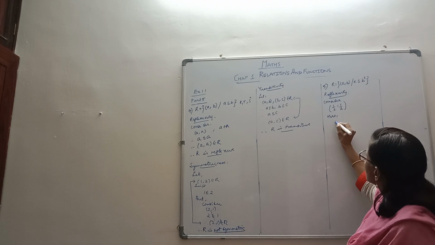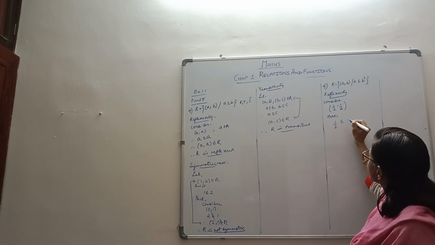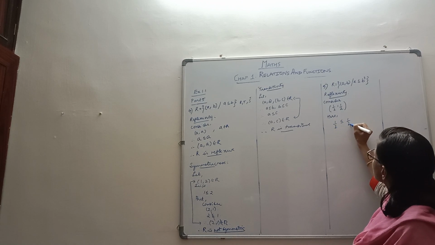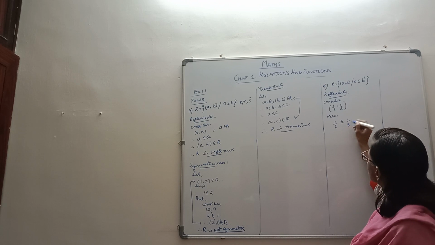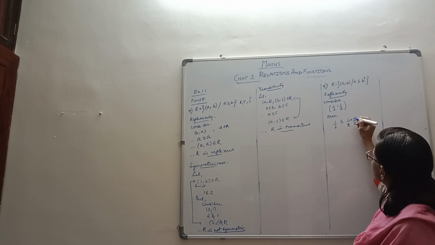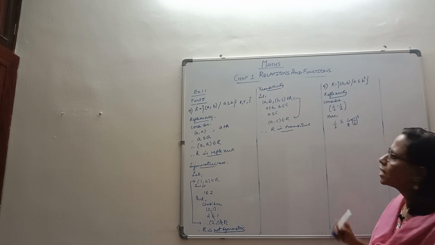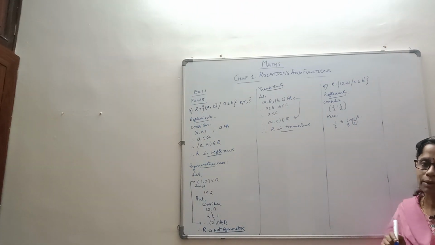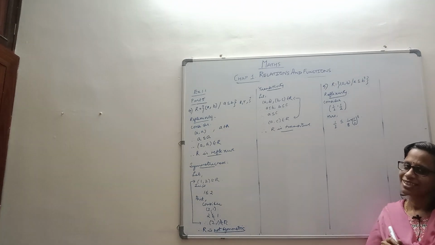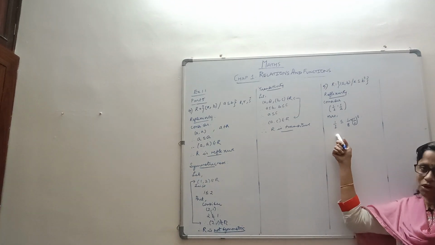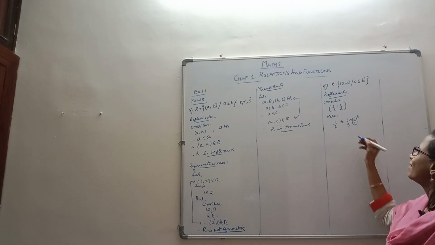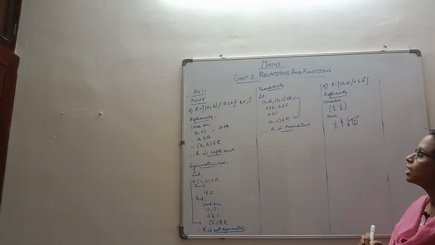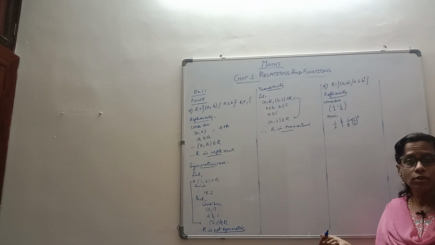We will always check this condition: whether 1/2 is less than or equal to (1/2) cube, which is 1/8? No, because 1/2 is 0.5 and 1/8 is 0.125. It doesn't happen, so it is not less than. When it is not less than, it cannot belong to R, right?